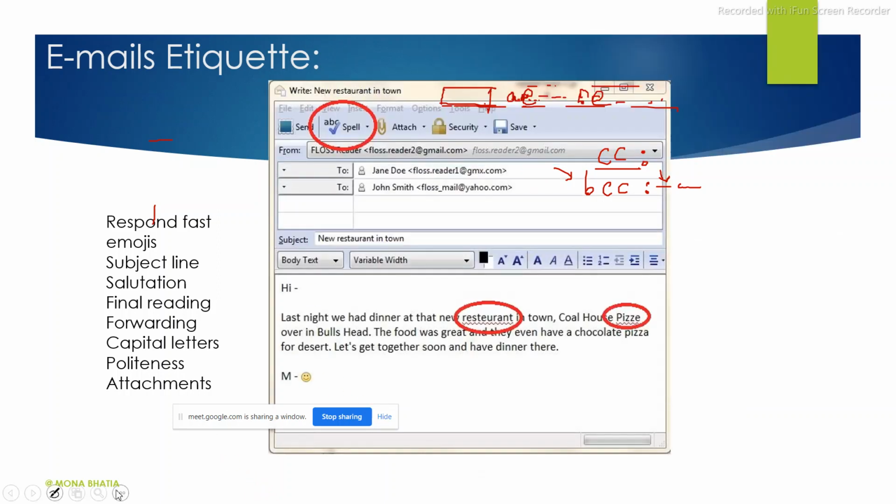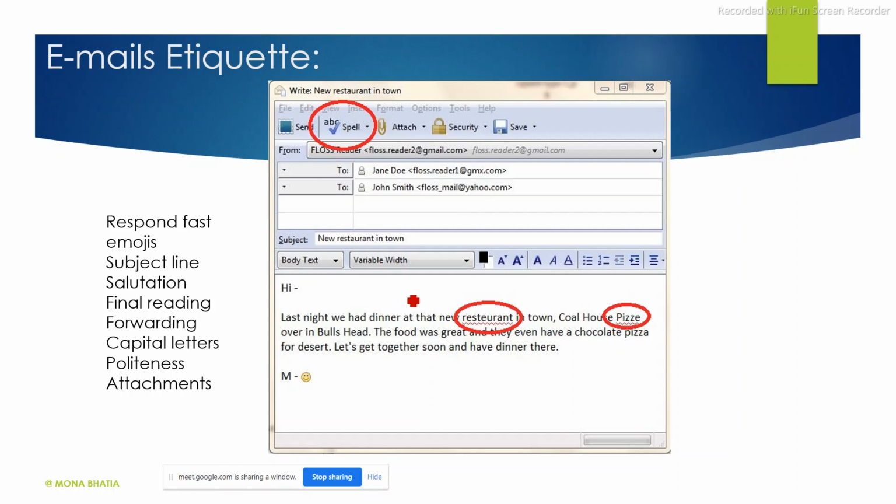While we are writing the email, it is always important. See, how many mistakes there are in this. Can you see? So never get into that. Because if they are your friends it is fine, these types of mistakes are okay. But you have got this option of spell check.